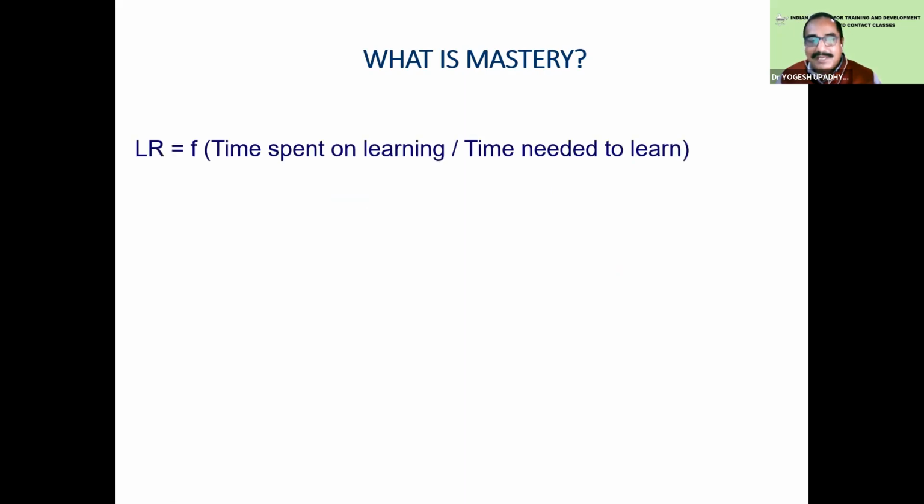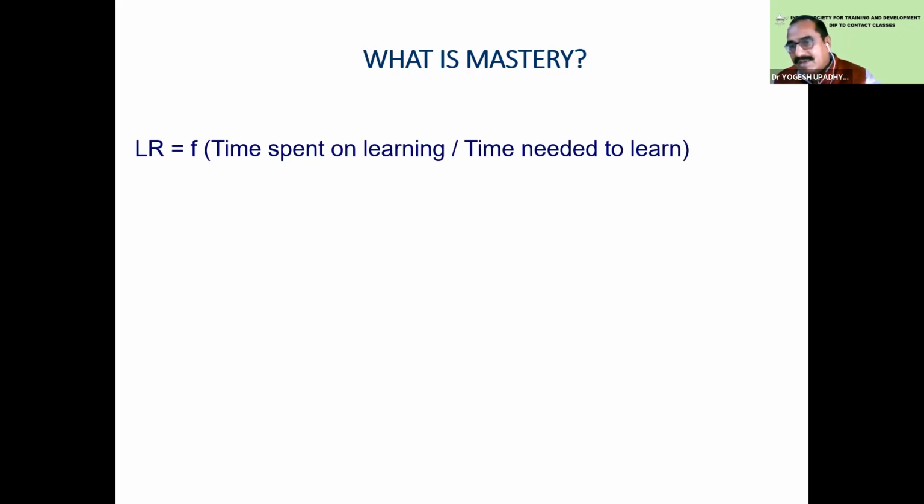In the beginning also, there was what we should do as a trainer, but many of us may not know what mastery is. So what is mastery? Learning rate is equal to time spent on learning divided by time needed for learning. Suppose somebody has spent 10 hours, but the requirement was 8 hours. Okay, now his rate is 80%, which is less.